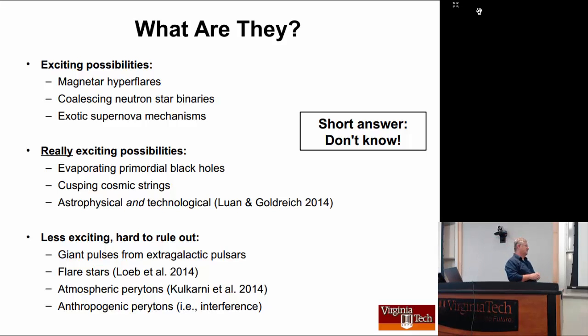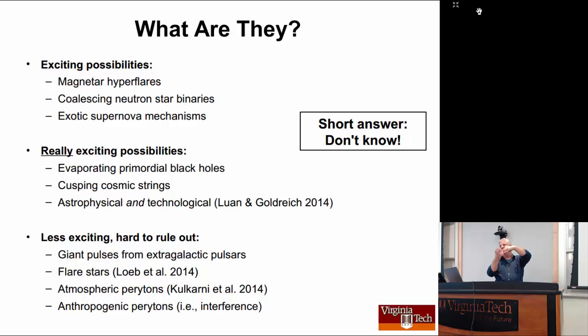Magnetars are special pulsars. They're extremely exotic, and we know that they exist, and we think they can produce these hyperflares, but we've never been able to confirm that. These might be them, but we're not sure. Coalescing neutron star binaries: a very, very rare fraction of systems end up with two neutron stars orbiting each other.